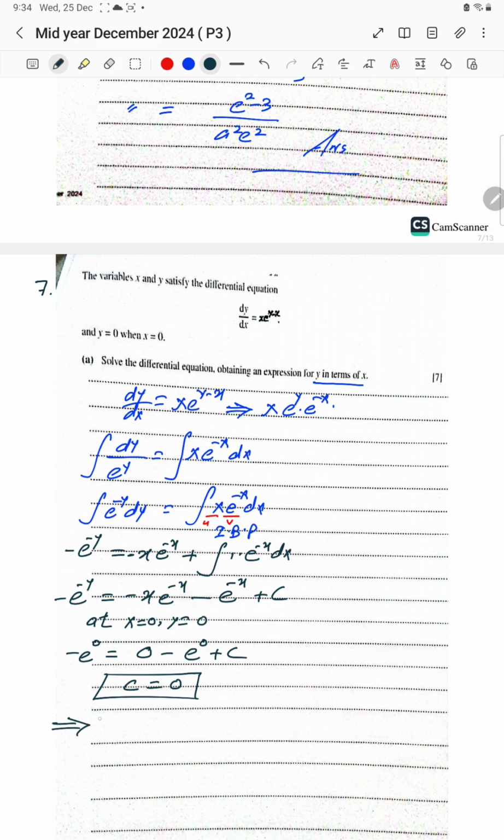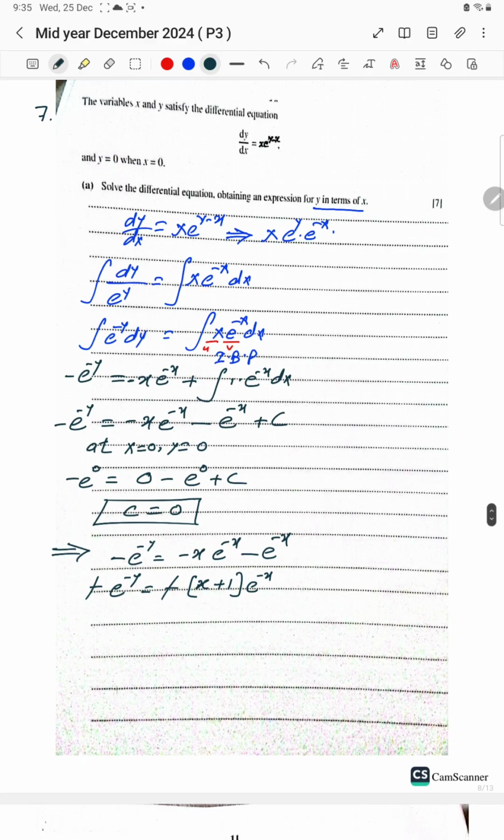So finally I will write, we have to write y in terms of x, minus e raised to power minus y equal to minus x e raised to minus x minus e raised to minus x. So e raised to minus y equal to, taking common e raised to minus x, we get x plus 1 e raised to power minus x. This minus goes with this. E raised to minus y equal to x plus 1 e raised to power minus x.